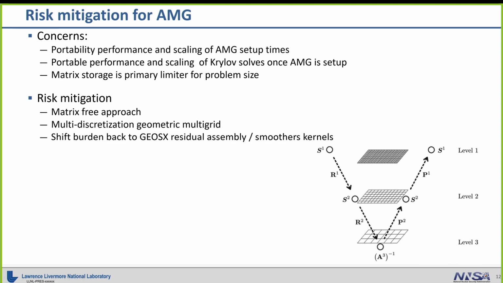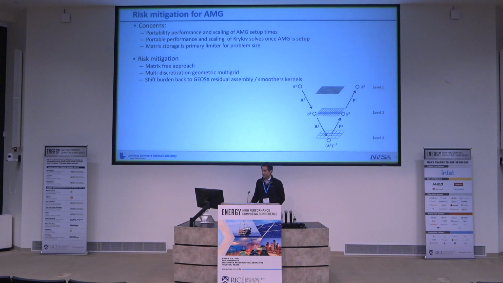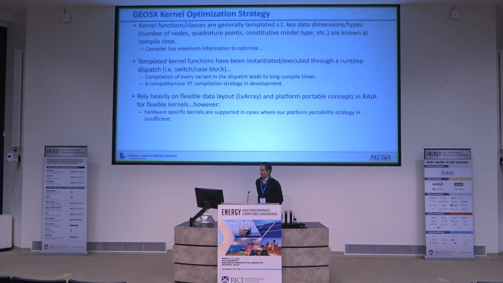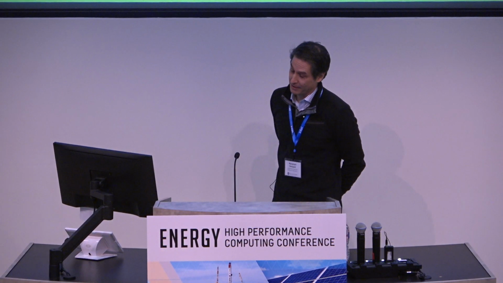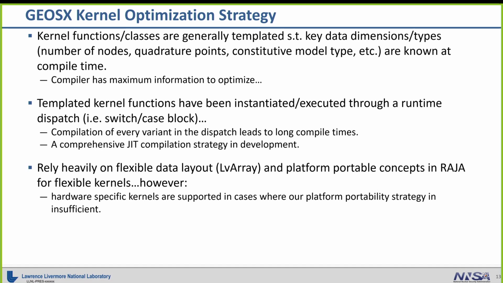What we would do is probably just build all of these grids physically as meshed discretizations and run physics on each grid, and then do a restriction and prolongation between them, and smoothing operations on the coarse grid, back and forth, instead of relying on having the matrix and then working with the matrix to form the algebraic preconditioner, which is inherently a serial process. Not inherently serial. It is a process that is difficult to scale, let's say. So that brings the burden back onto GEOSX.